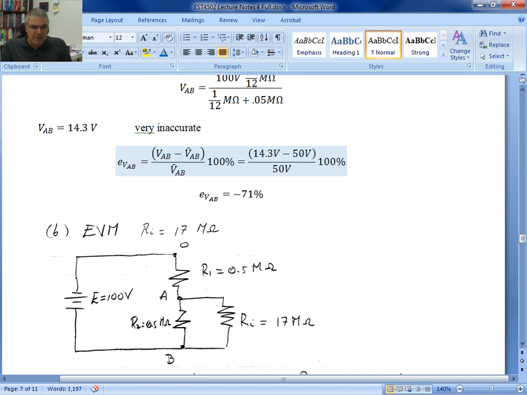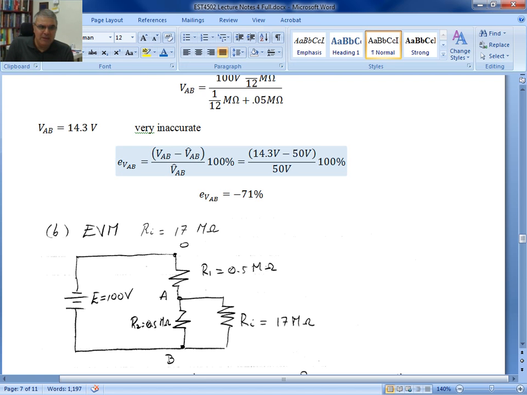Again, the error is usually a deviation from certain value. In this case, we use the theoretical value of 50 volt. And we simply subtract, we simply compare the answer that we calculated, V sub AB as 14.3, with the theoretical value, and we come up with 71%.